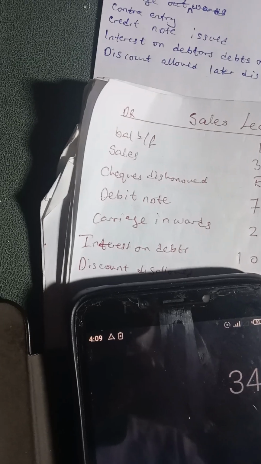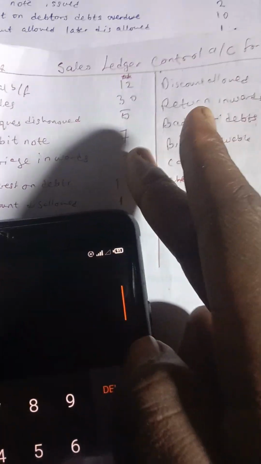That gives us 34. Let's write that down somewhere. Now sum up what is down here.